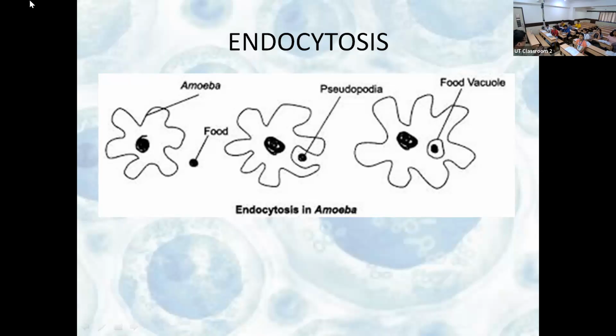So this taking in of food by amoeba due to the flexible cell membrane is known as endocytosis. When any particle enters inside the cell due to the flexibility of the cell membrane, it is known as endocytosis. Endo means inside, cyto means cell, so inside the cell, so it came inside.